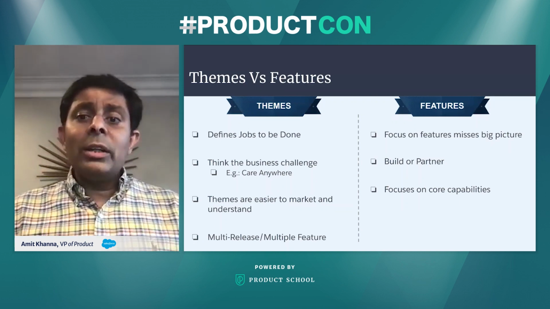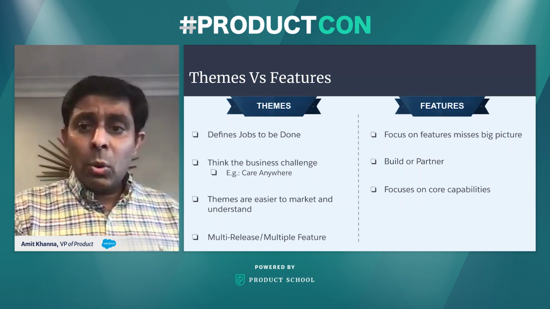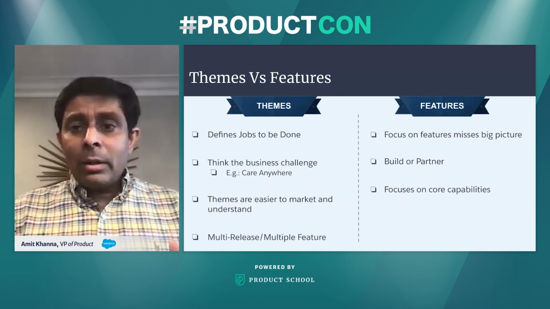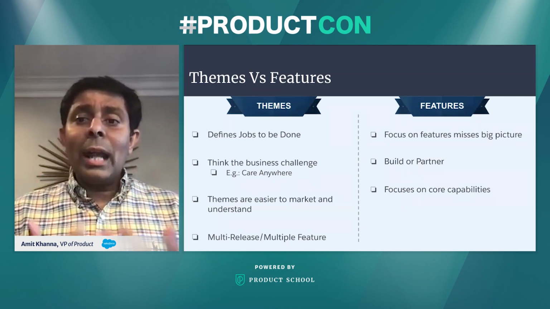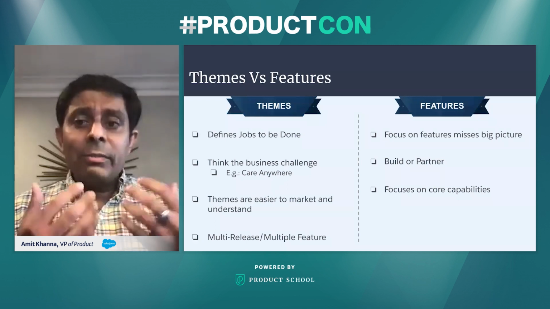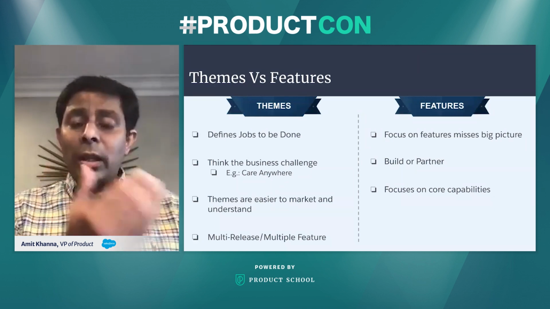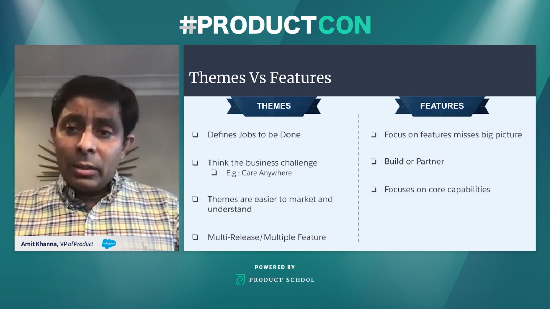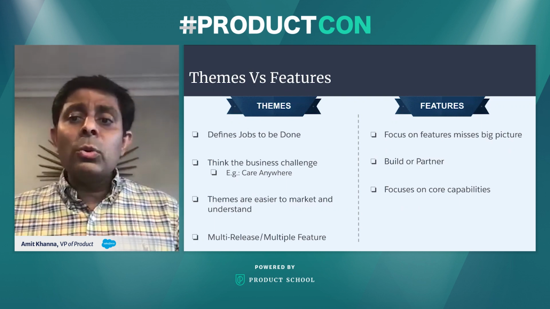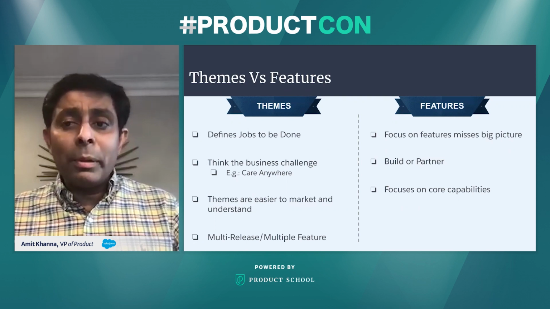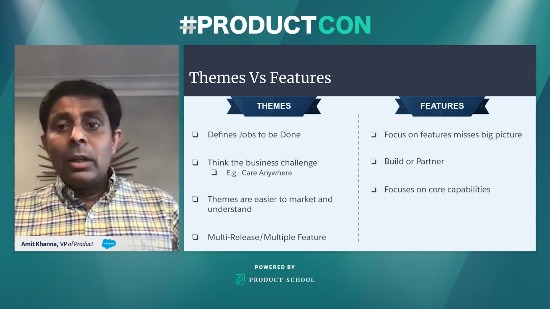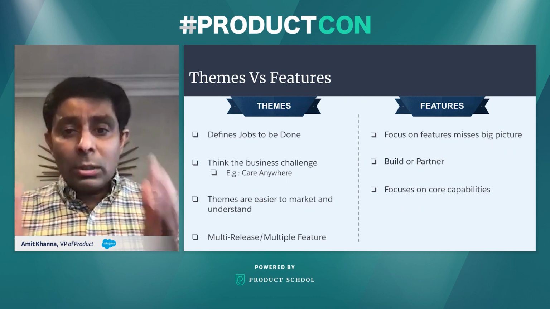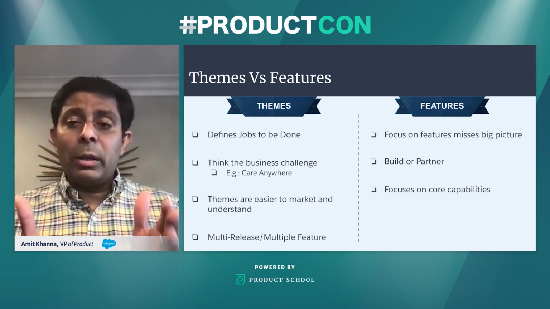Because there are ways that you can achieve the theme or the business goal by building, partnering, and bringing things together so that the end customer has the features to solve that business problem. And finally, when you're building your roadmap on features, you tend to over-index on the core capabilities that you have as a company. So you might not be able to think outside the box because you're just thinking about the feature and delivering that.